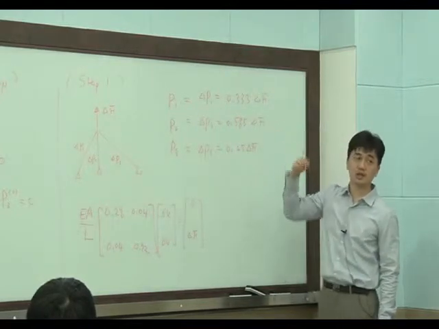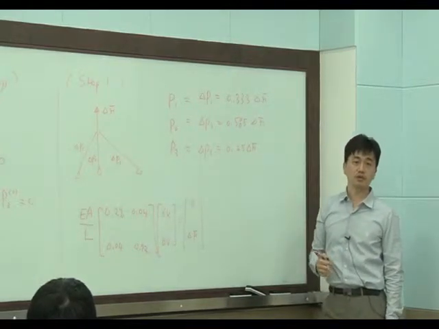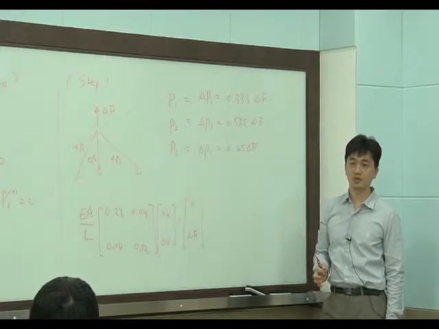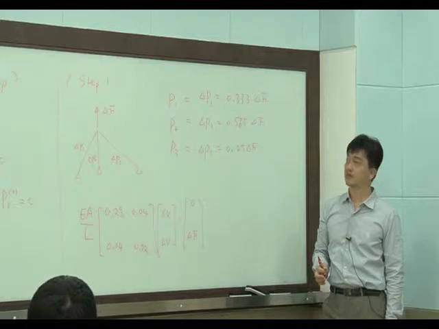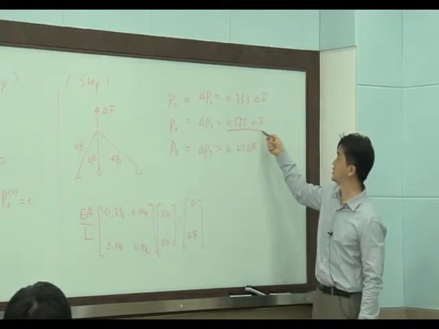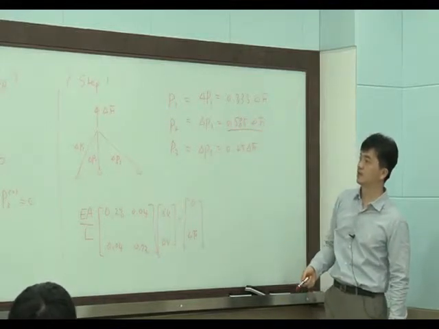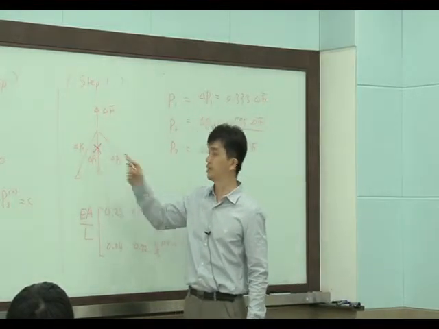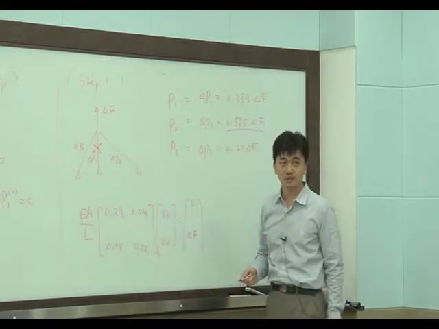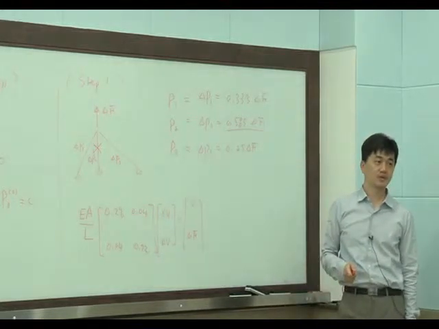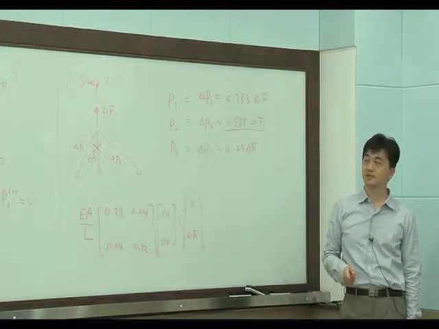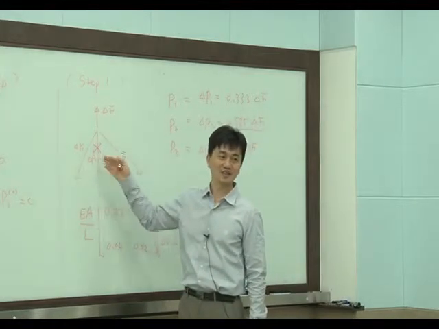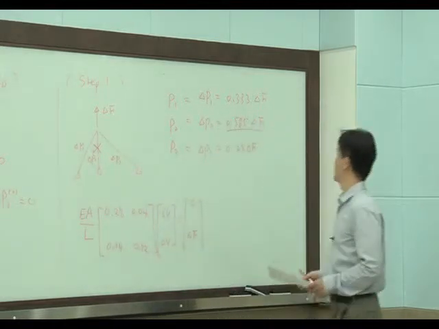So now I'd like to ask you, which member failed first? This is your biggest number, right? So we can think this member will fail first. Everybody can expect this member to fail first, right?